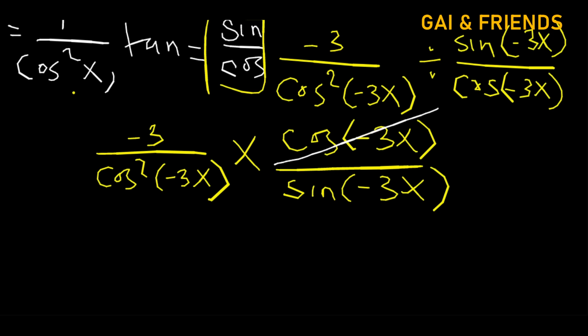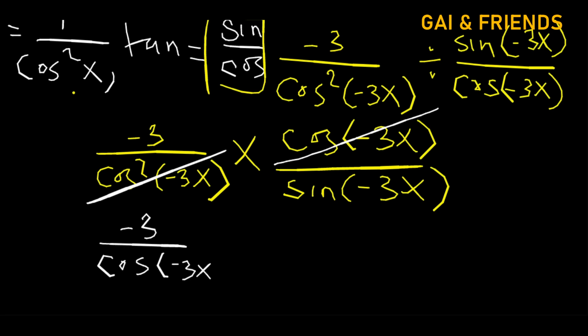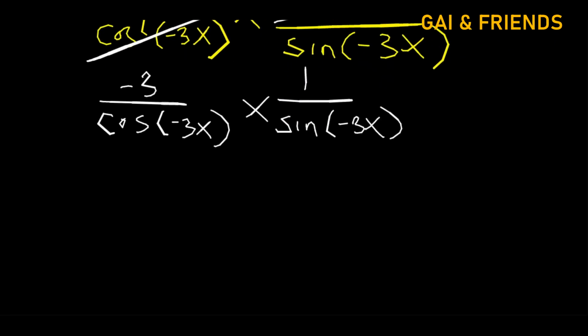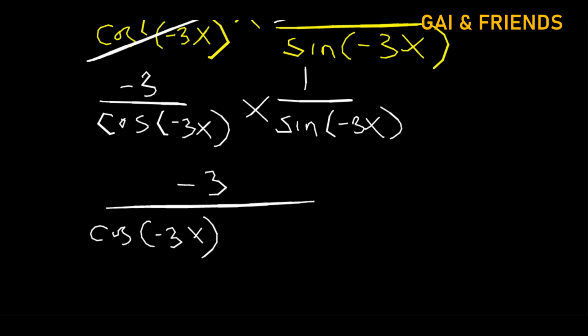Cos negative 3x will go with 1 cos negative 3x, and since this one is cos squared, we are going to remain with 1, and it's going to be negative 3 out of cos negative 3x, because the square has gone with 1 there, times 1 out of sine of negative 3x. So as you can see, you can merge these things together, and it's going to be cos negative 3x sine of negative 3x.